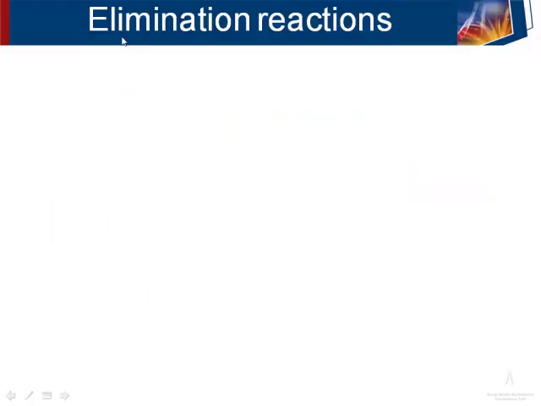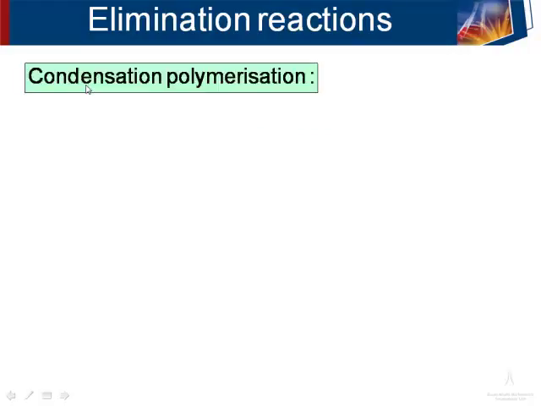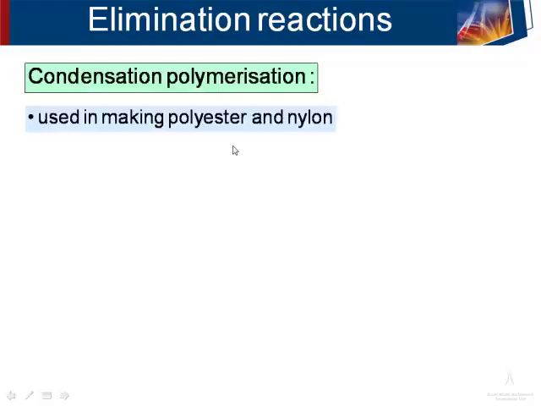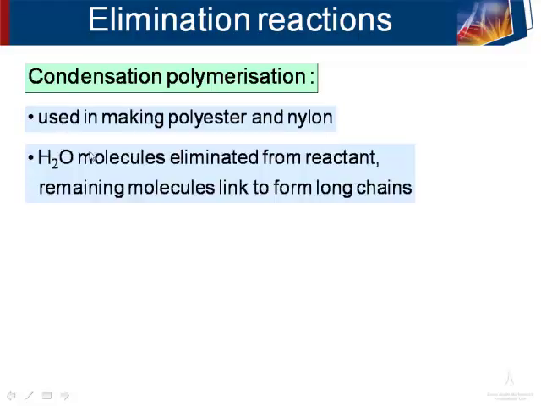We're now going to examine elimination reactions in industry where condensation polymerization occurs, and this is used in the making of polyester and nylon fabrics. In this case, water molecules are eliminated from reactants and remaining molecules are linked to form long chains.